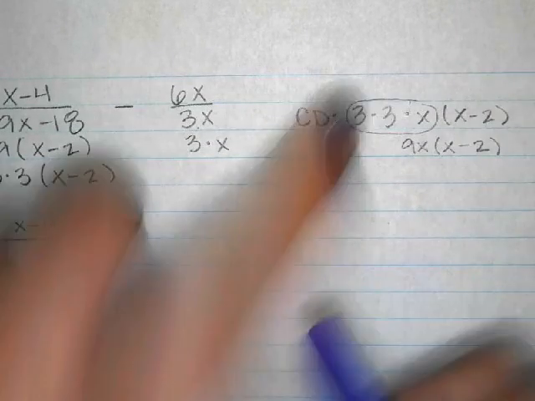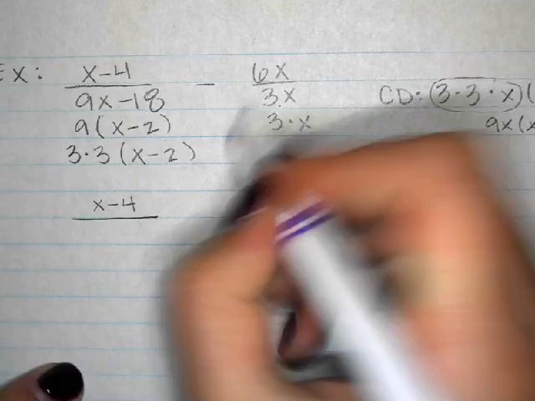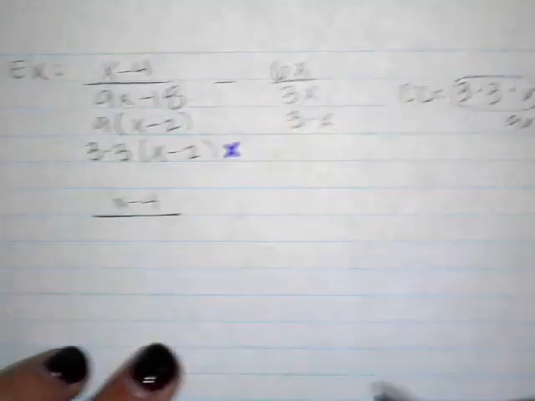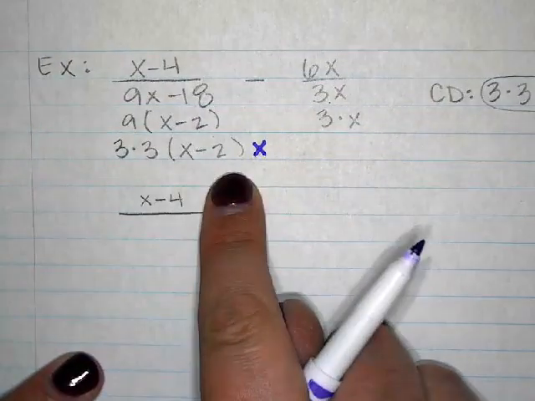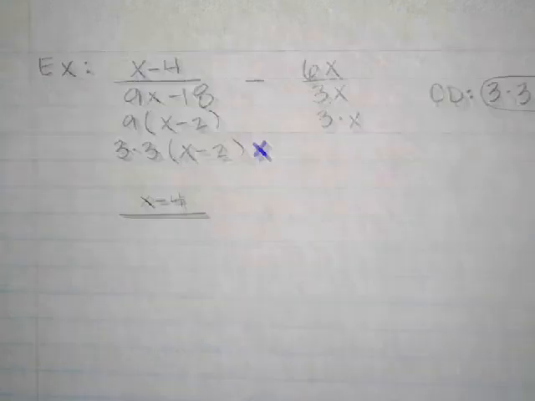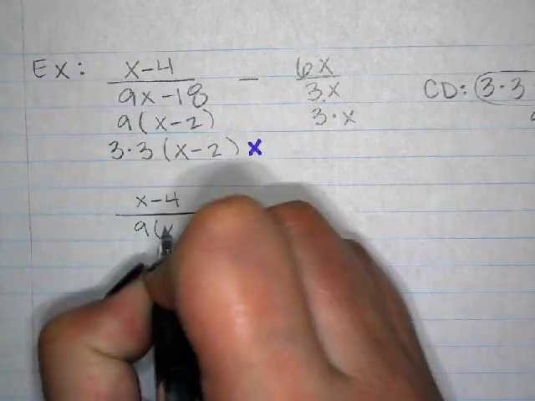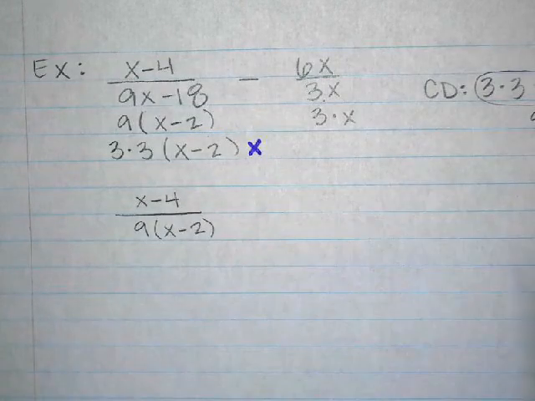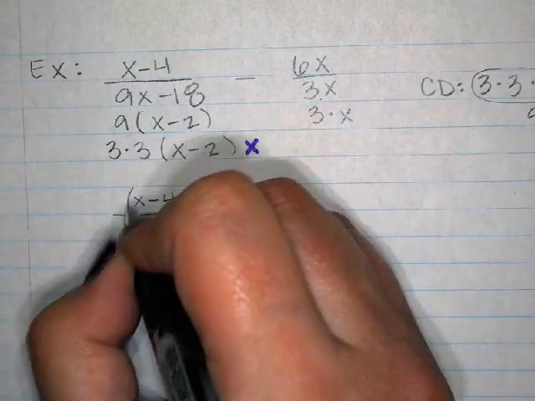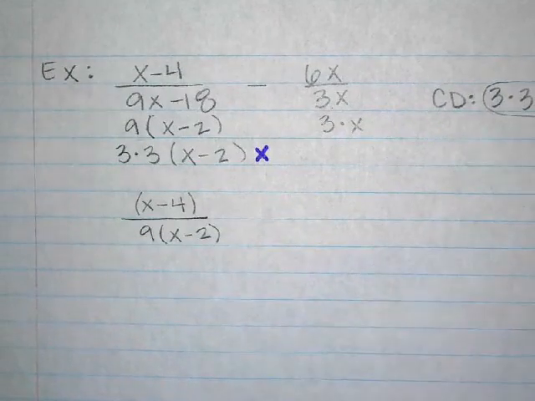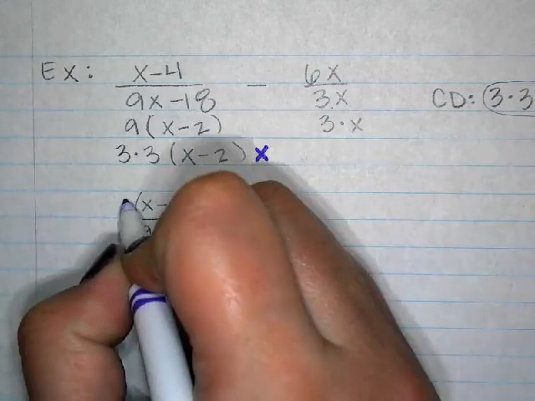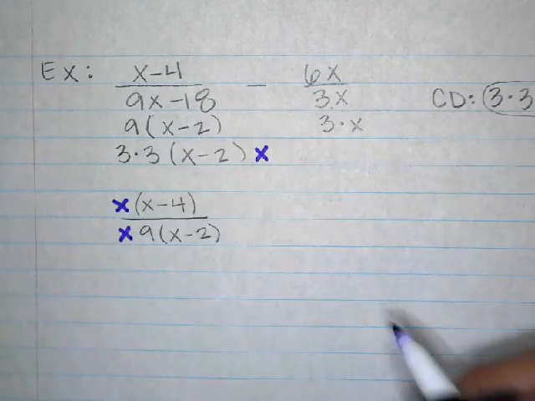It needs an x. Everyone see that? We're good? So I'm going to put parentheses around the denominator that I already had, and I'm just going to put an x on the top and on the bottom.